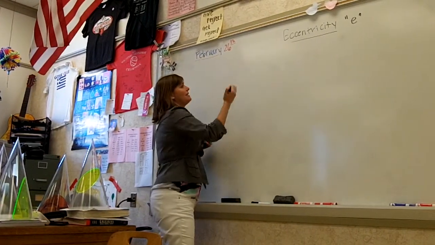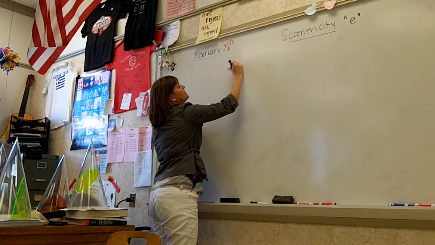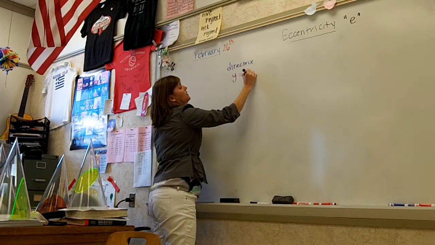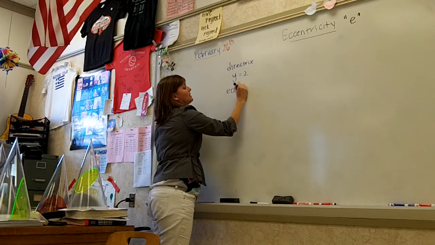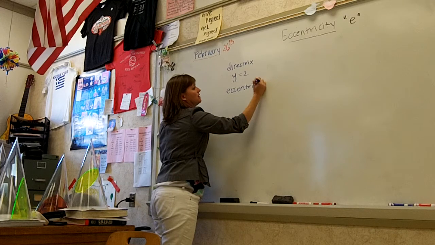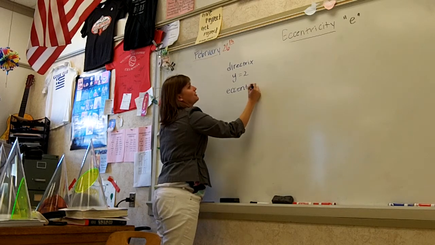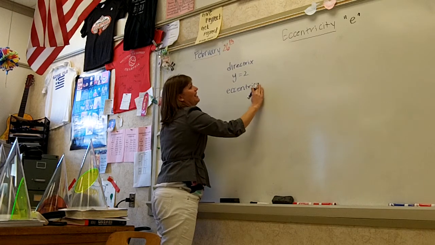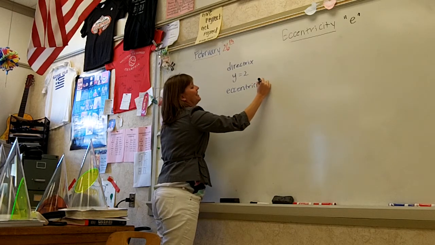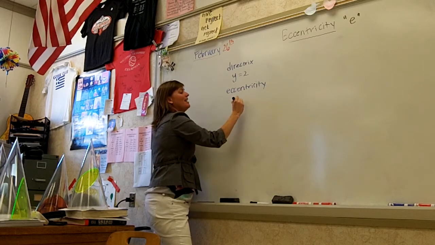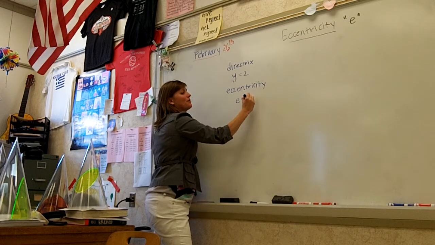So let's say that the directrix is at y equals 2, and let's say the eccentricity, oh my gosh, I'm losing it. The eccentricity, let's say it's equal to 3.